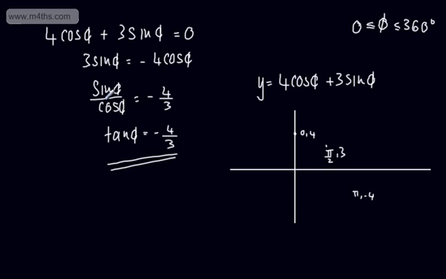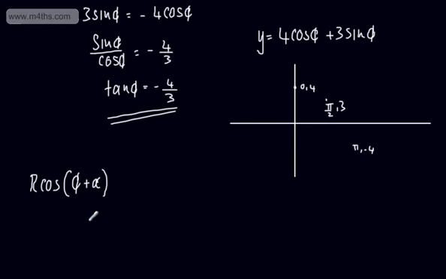To understand that particular form, we're going to go back to the addition formulae or compound angle identities. So if I write this out now, I'll have r cos of theta plus alpha. If we expand this out, we have r cos theta cos alpha, and then minus r sin theta sin alpha.